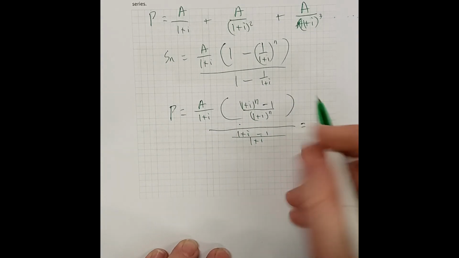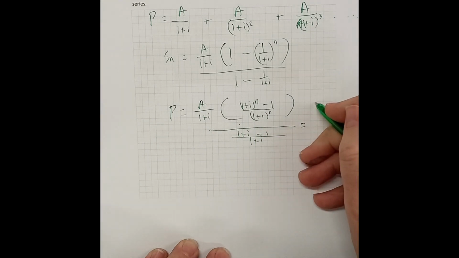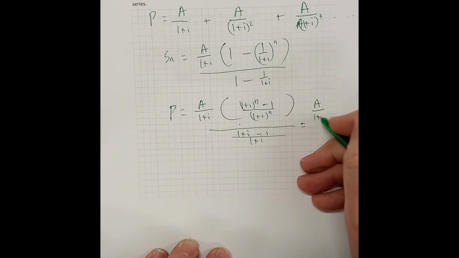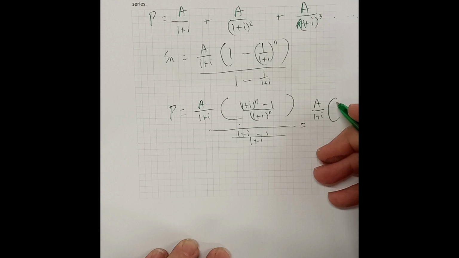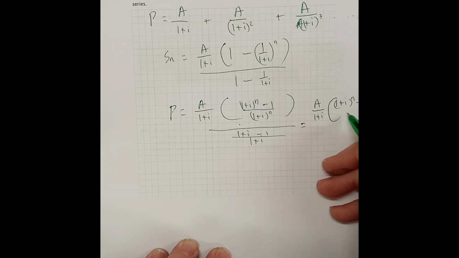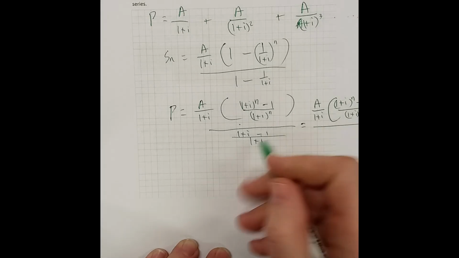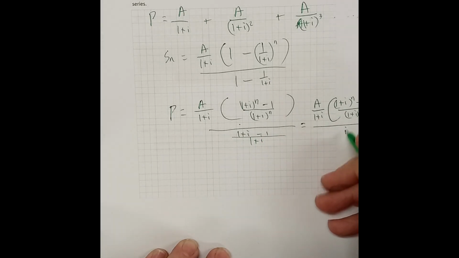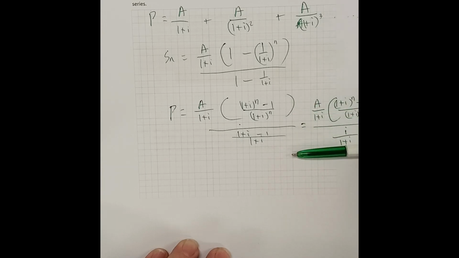So that leaves us on the top with an a over 1 plus i times 1 plus i to the n minus 1 over 1 plus i to the n, all over, they cancel to be just i. Now, as you can see, we've got a fraction situation going on here. So what we can do is multiply the top of this fraction by the bottom number, and it'll cancel those two out.